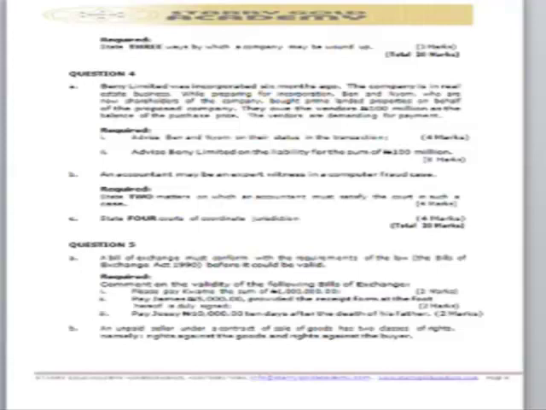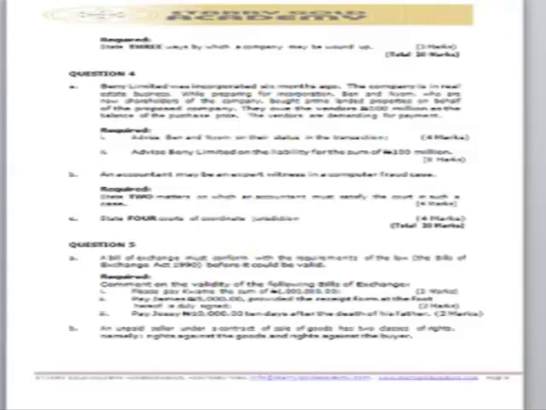Where you see state, you only have to state, and there is no need for any explanation. So what an accountant must satisfy before he can be an expert witness in a fraud case.